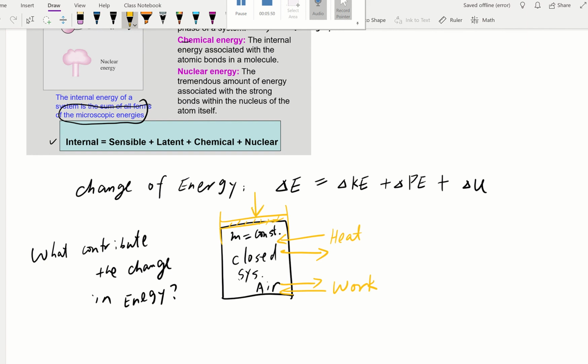When you push the piston down, it's kind of like you're working out in the gym, right? You're doing work on the system. What happened? The air compressed, the pressure goes up, the temperature potentially goes up. In that situation, your internal energy increases. So you have changed your energy. So the work contributes to the change in energy.